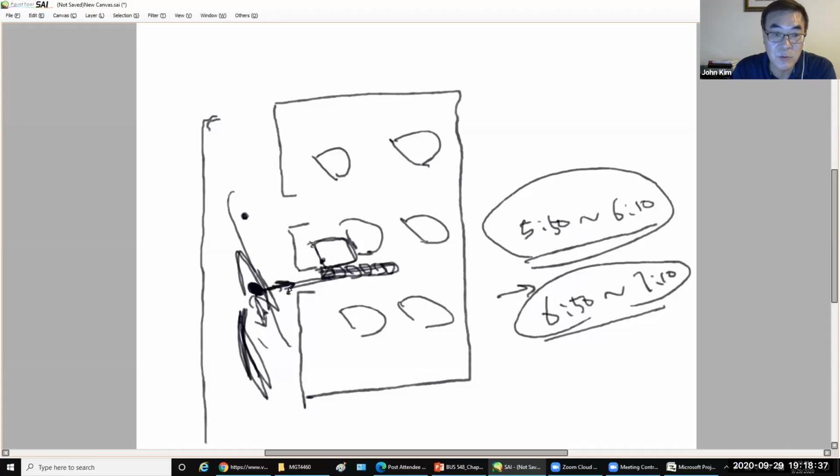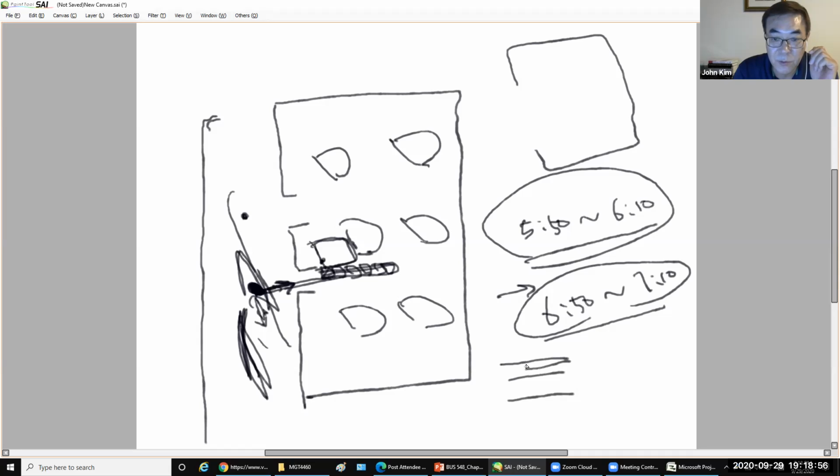The other solution is the layout for the line. Here there is only one lane this way and this way, so make it wider, and for this way make two lanes, then the capacity increases.